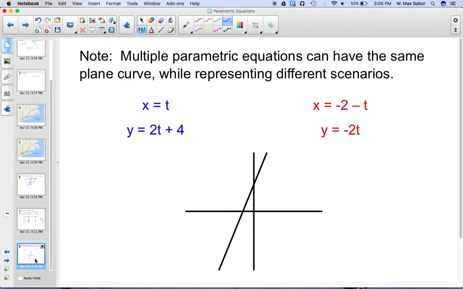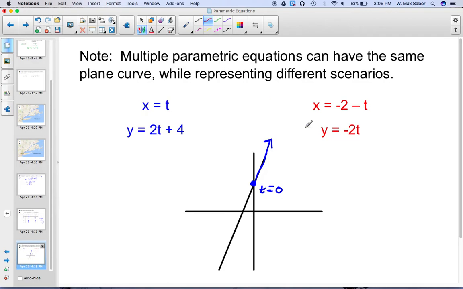Note that multiple parametric equations can have the same plane curve while representing different scenarios. This plane curve says, let's plug in 0, and we get 0 comma 4. And then as we plug in larger values, we're going to be traveling along that line. So this line represents the parametric curve, where here's t equal to 0.